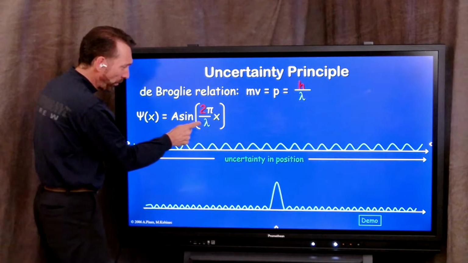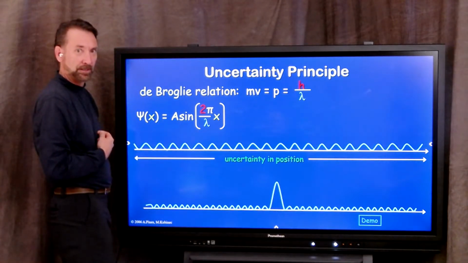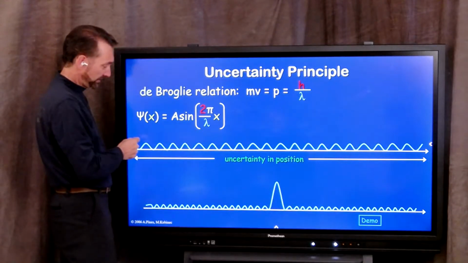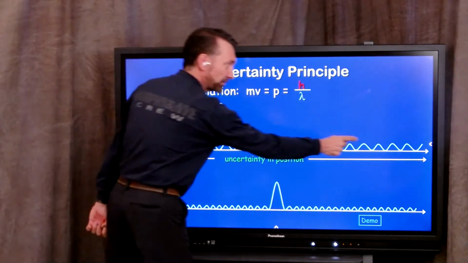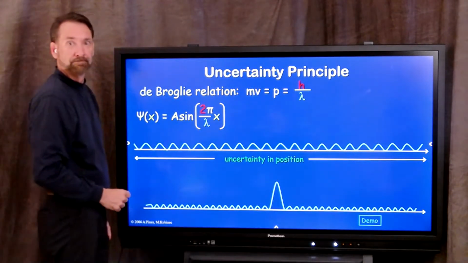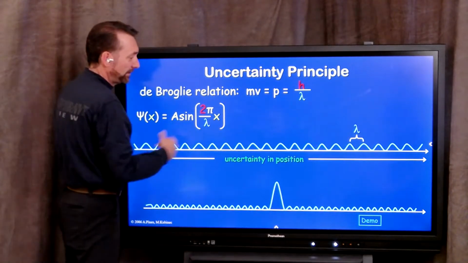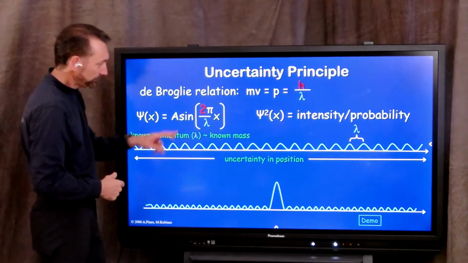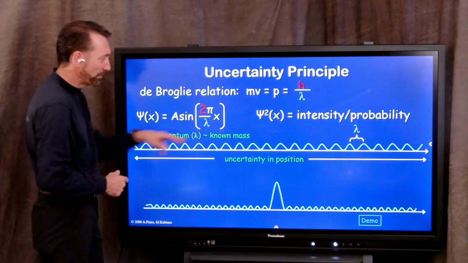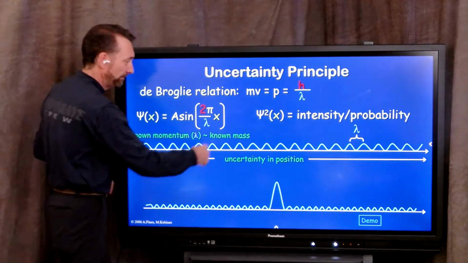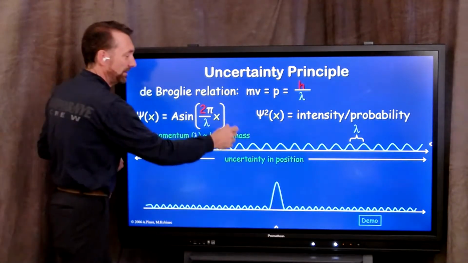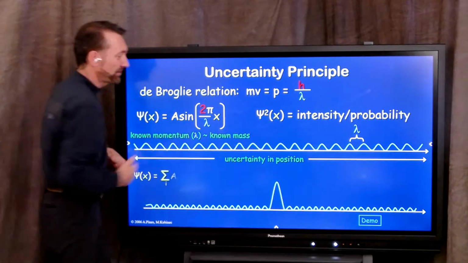So if you know the wavelength, you don't know much about the position, because there's equal squared amplitude along this whole thing. So I know the momentum, I have a known mass, and I have a known lambda. I don't know much about the position. I don't have a fixed position.